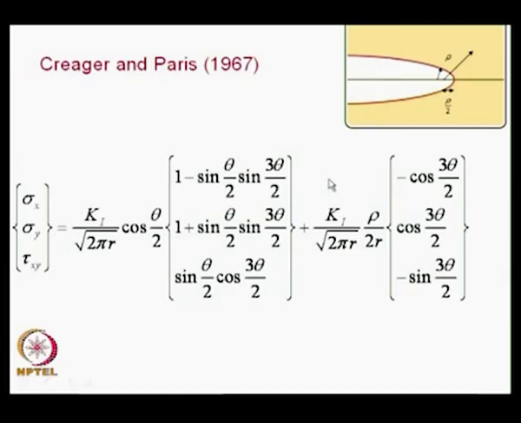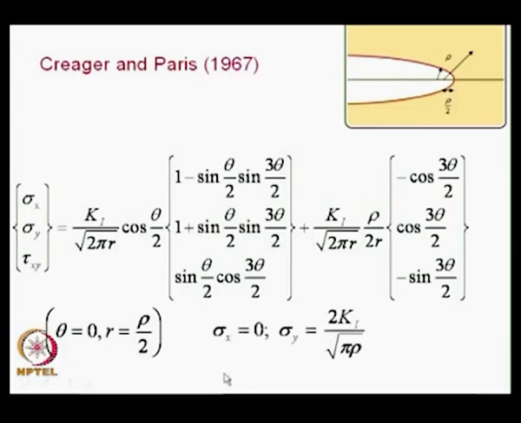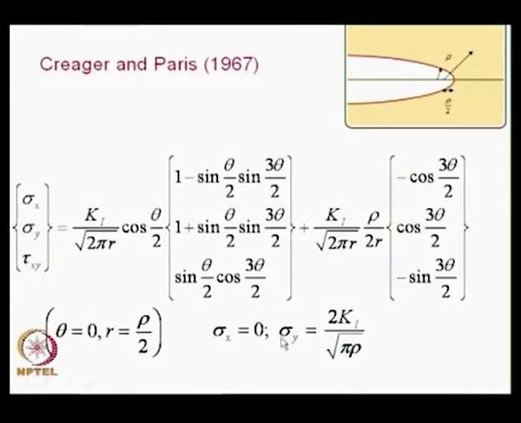When I substitute at theta equal to 0 and r equal to rho by 2, I get a solution which is understandable from your common sense. You get a solution where sigma x equal to 0 and you also get sigma y becoming a finite value.